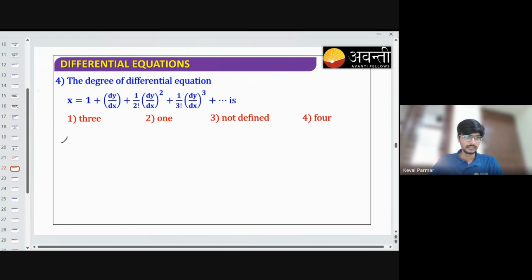Example, sin x. So I can write x minus x cube upon 3 factorial plus x raised to 5 upon 5 factorial minus x raised to 7 and so on. You remember this? Cos x. So I can write 1 plus x square upon 2 factorial and so on.